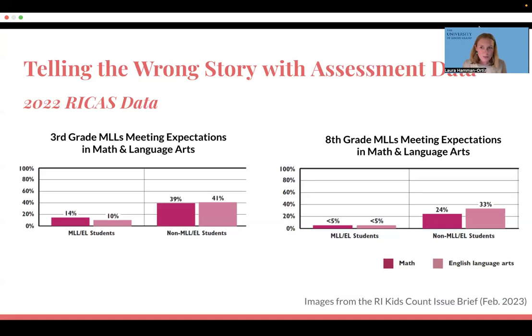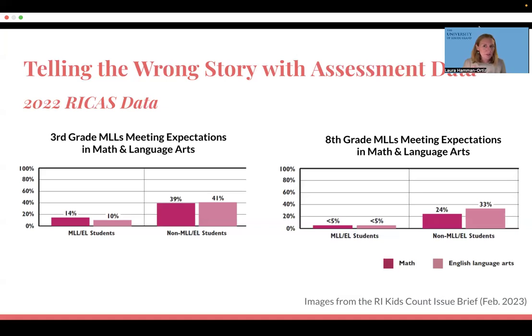So, of course, we would expect them to be performing at a lower level in an English language arts test. As soon as a student who is an MLL becomes proficient in English, they are no longer an MLL. They exit that label, and thus their data would not be reflected here. That is why this data in many ways is telling the wrong story.